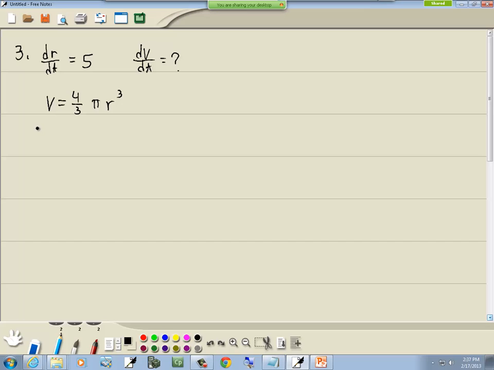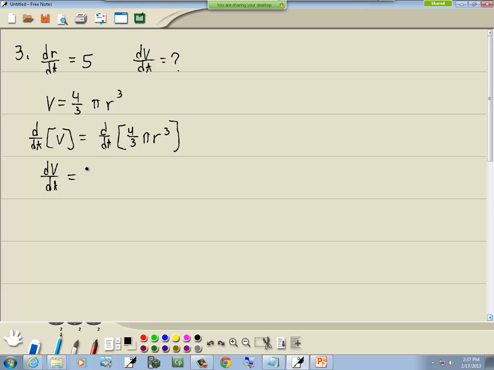Well, we're going to take derivative of everything with respect to t. So we'll take the derivative of v with respect to t. And we'll take the derivative of 4/3 pi r to the third. Now, remember, when you have a single variable like this v, this just becomes dv dt.